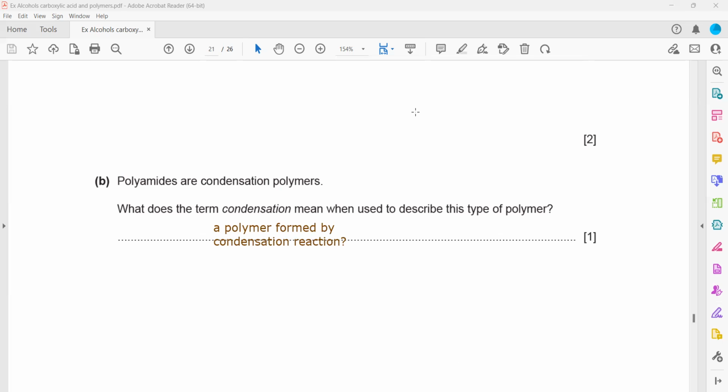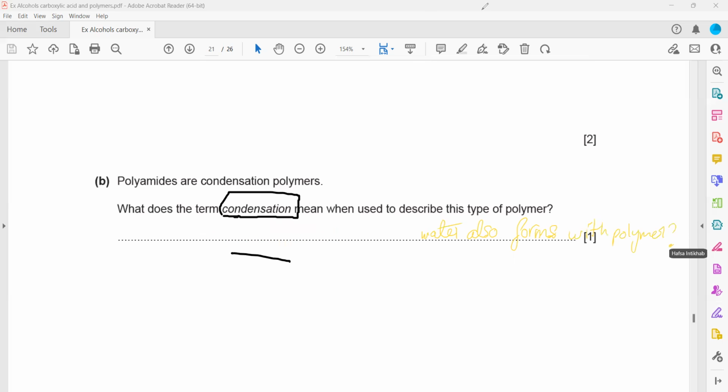You don't have to explain the condensation reaction actually, just what the term condensation means. So condensation means that a water molecule is released, or formed, when this polymerization happens. Yes, water is also formed with the polymer.